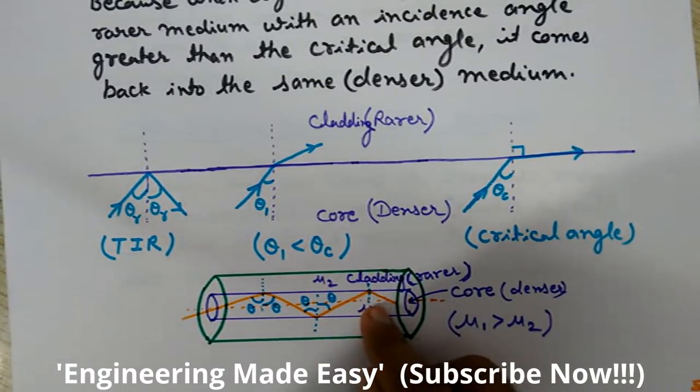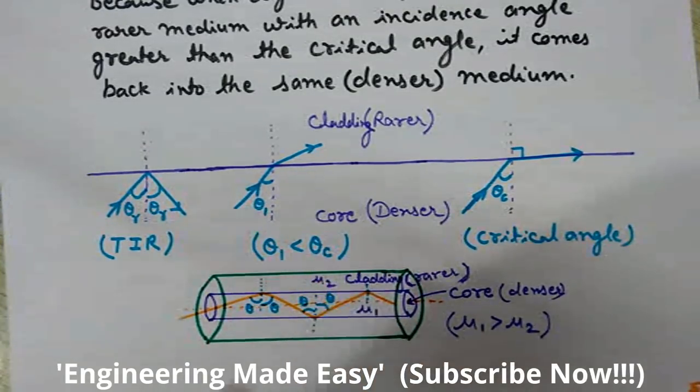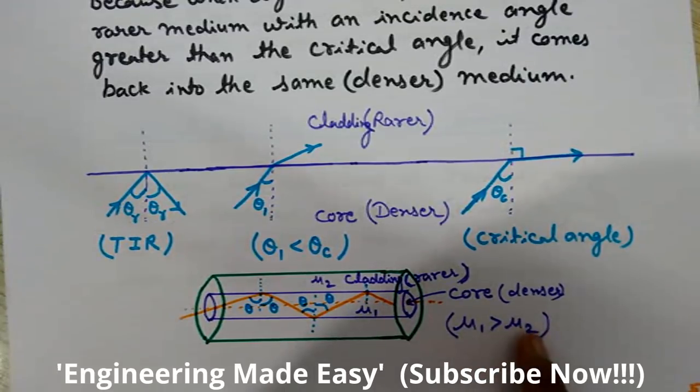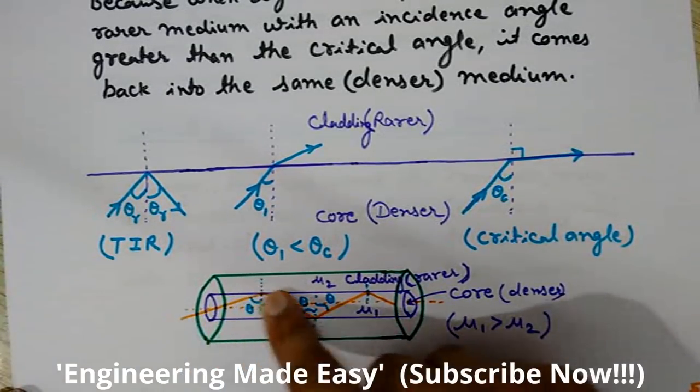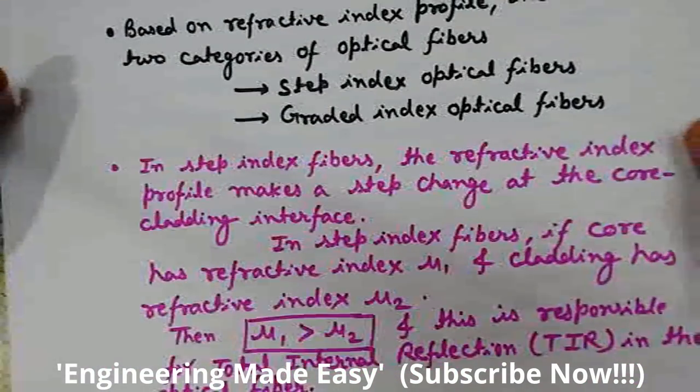The core has refractive index mu1, and the cladding has refractive index mu2, and mu1 is greater than mu2. Why it is done, I will tell you. The light ray propagates inside the core. So let's again come to our topic.